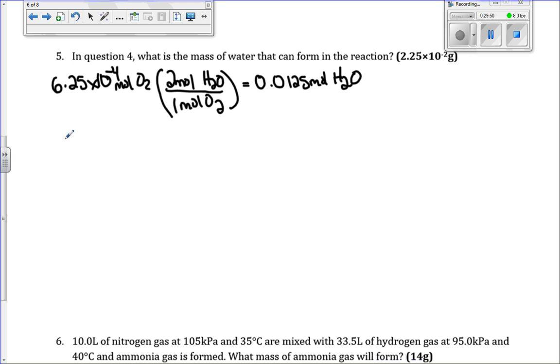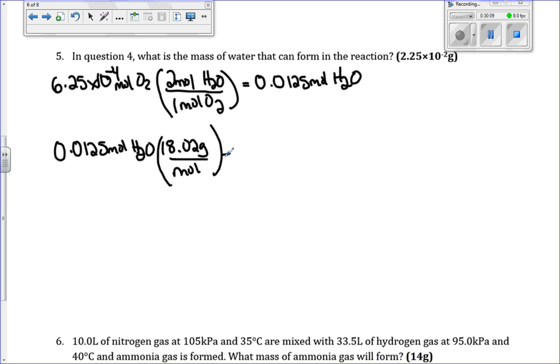From here, we can calculate the mass of water by multiplying by the molar mass, and we get a value of 0.022525 grams. When we look back at question number 4, we see 3 significant digits in the volume and in the mass.